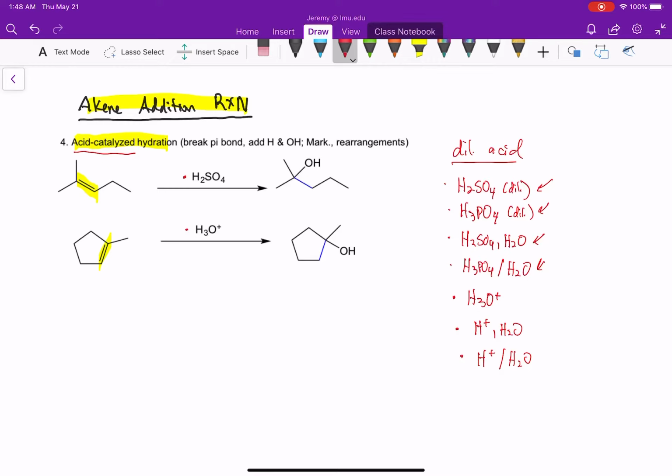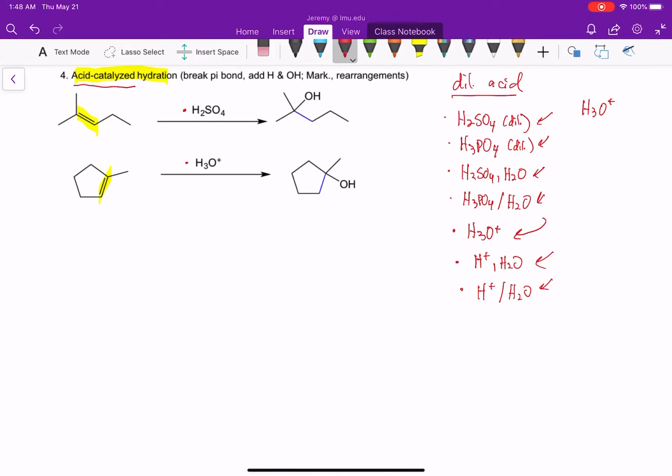So when you have them in the presence of water, you're actually forming the hydronium ion, H3O+. That's why I might generally write H3O+ or H+ in water.